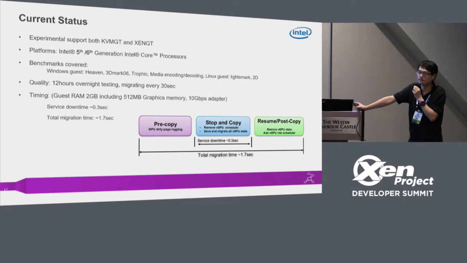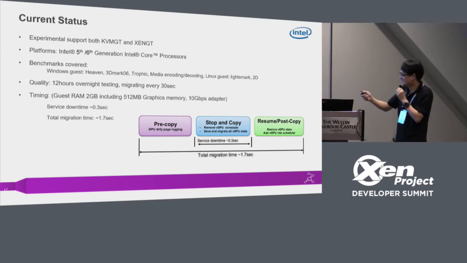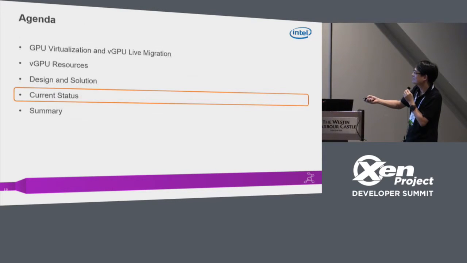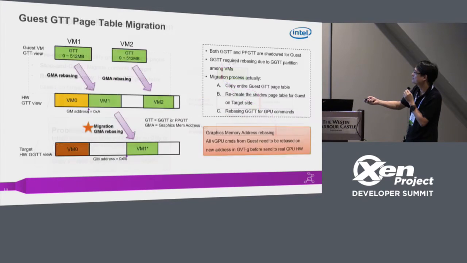So you showed migration of a 512 meg frame buffer. If you had a mix of different frame buffer sizes, when you migrate the GTT, are you able to deal with fragmentation of that GTT address space, or does each VM have to land in a contiguous range on the target? I guess I do not get the question. Can you go to the slide where you have the GTT page table migration? Yeah, it's this one.